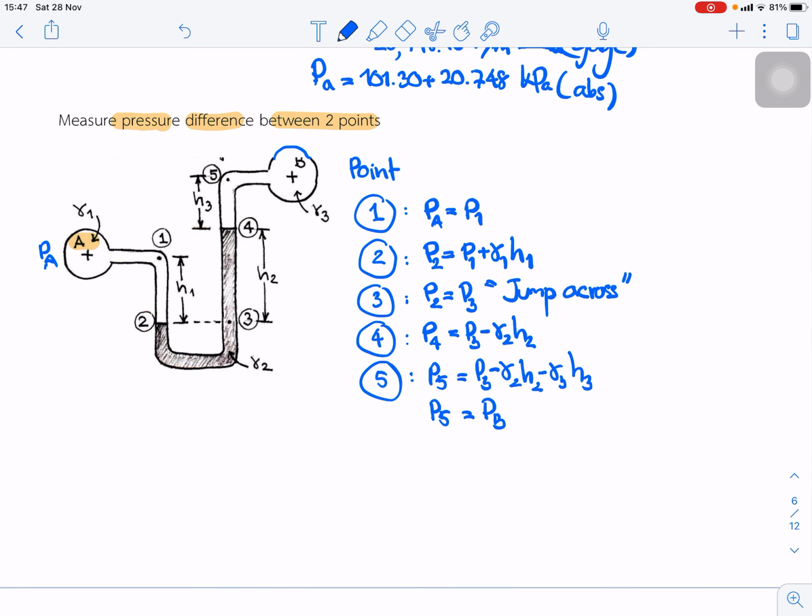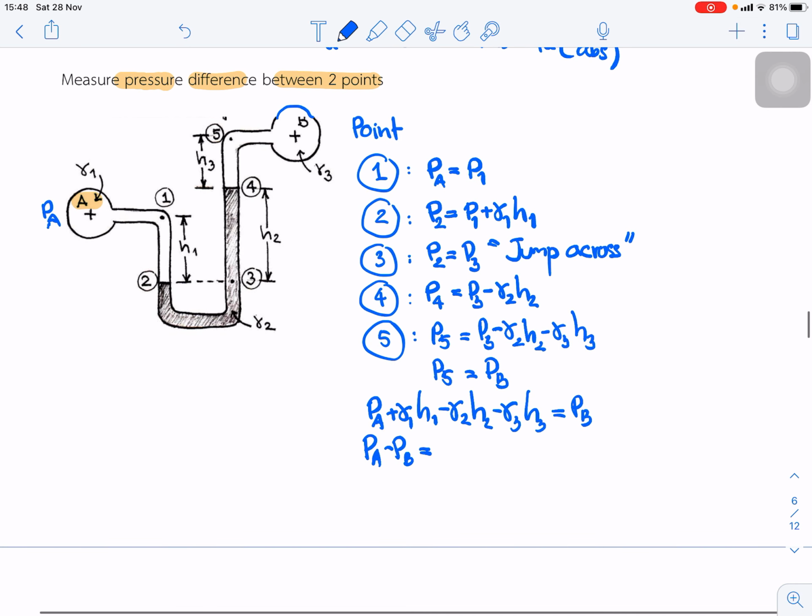So putting it together, we say that PA plus gamma 1 H1 subtract gamma 2 H2 subtract gamma 3 H3 is equal to PB. Or the pressure difference between PA and PB, between 2 points, is equal to negative gamma 1 H1 plus gamma 2 H2 plus gamma 3 H3. Okay.